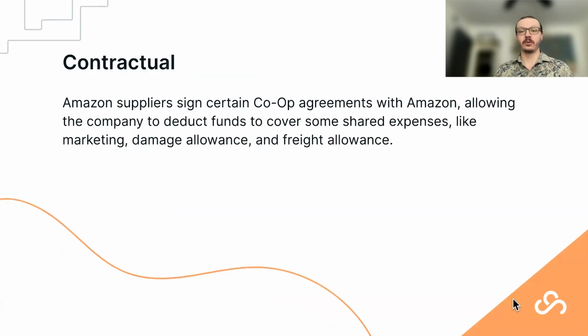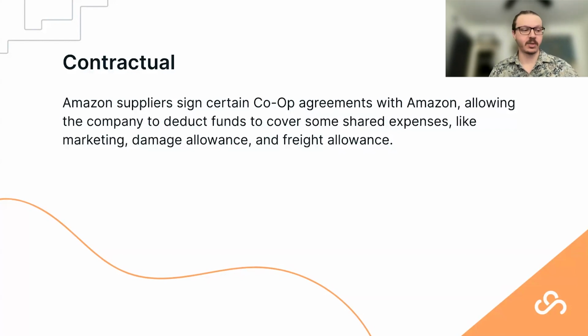For contractual, this is pretty standard with any retailer as well, but there's going to be the trade versus the non-trade. Contractuals tend to be the trade side of the coin of deductions, tend to be planned for and budgeted expenses. These are agreements that suppliers or vendors sign with Amazon, typically allowing for funding of promotional activities or things for freight, damage allowance, etc. So pretty standard agreement.